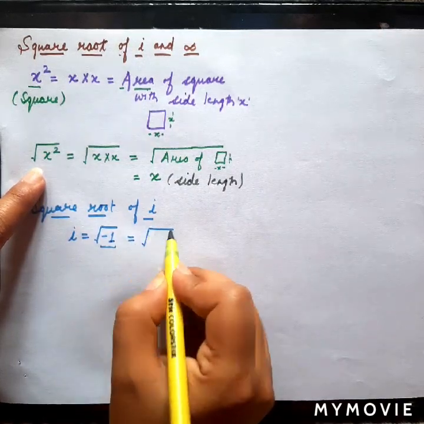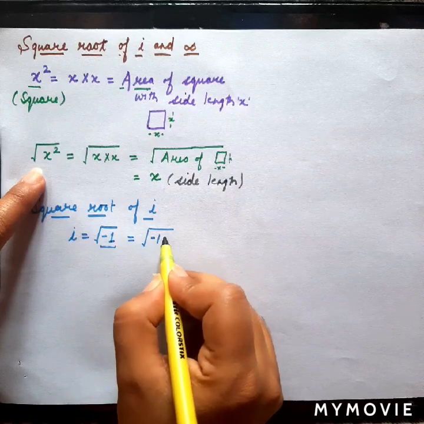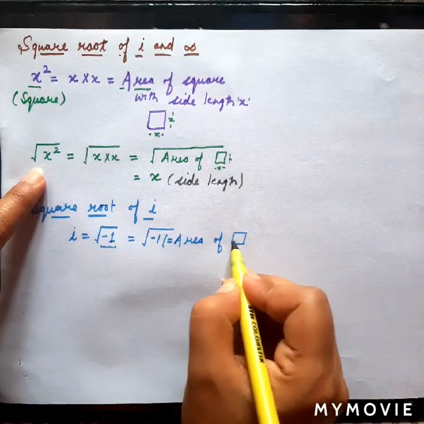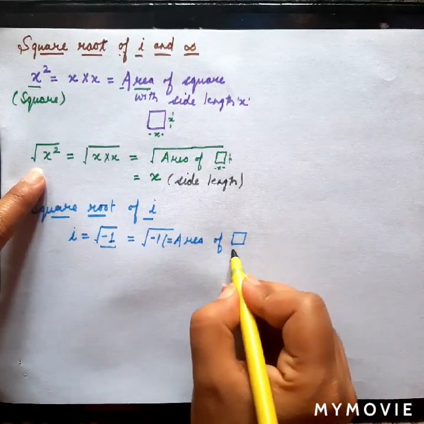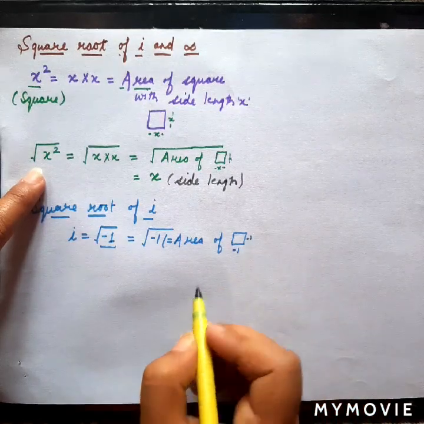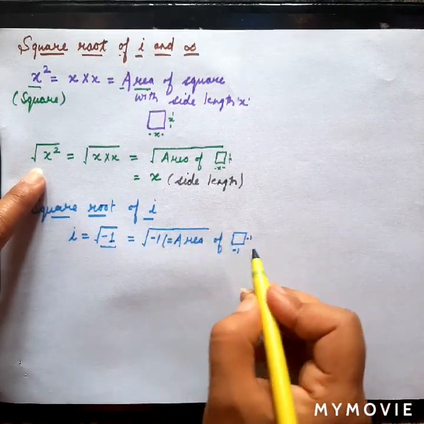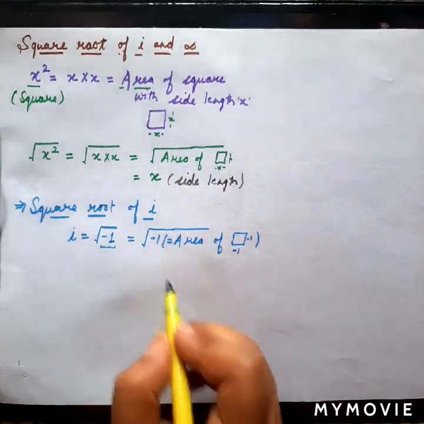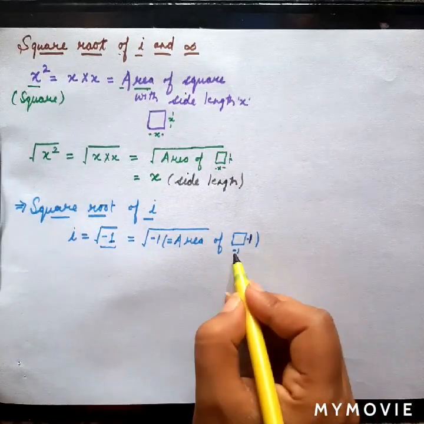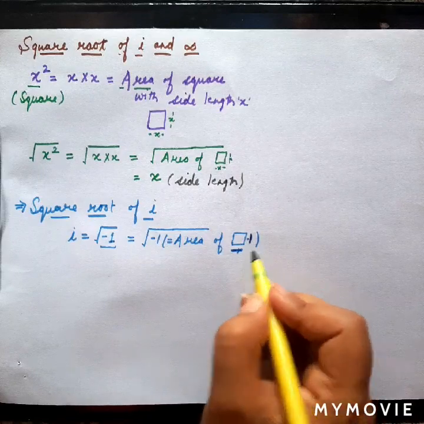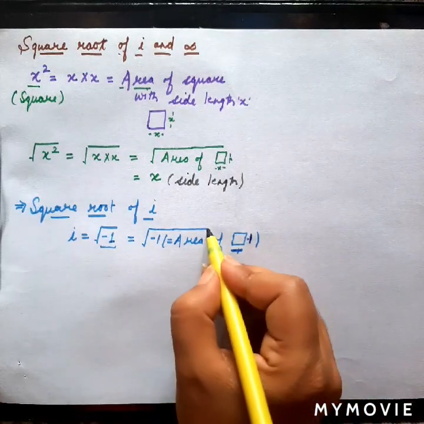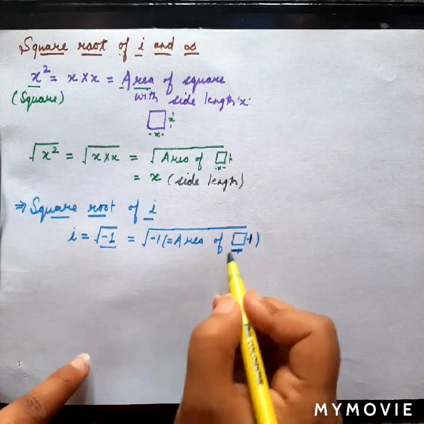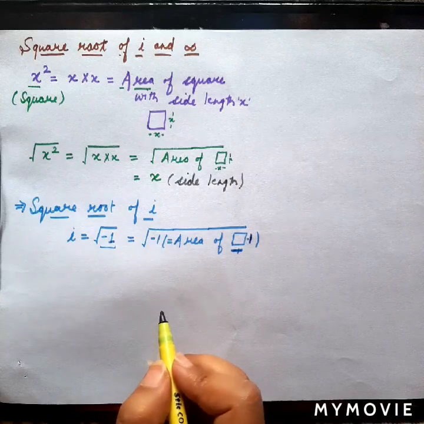So this value -1 can be called as, this is actually equals to area of a square, fine, with side length -1. Or we can say that area of a square whose area is equals to -1. I won't say this yet up to the side length, because we have not found out the under root of -1 yet. So what will be the area of a square with value -1?